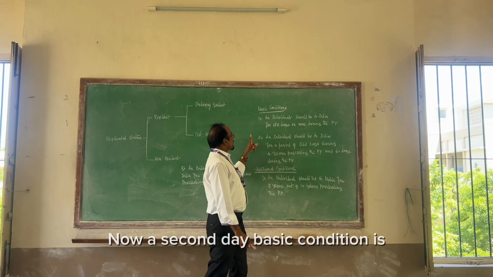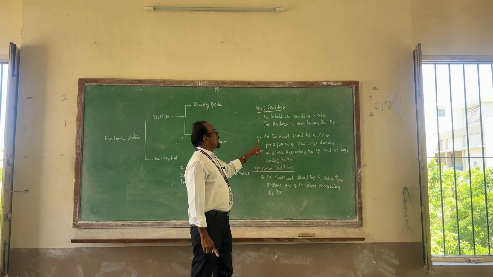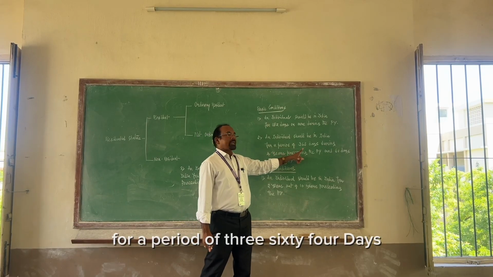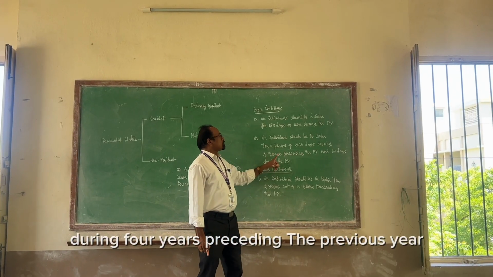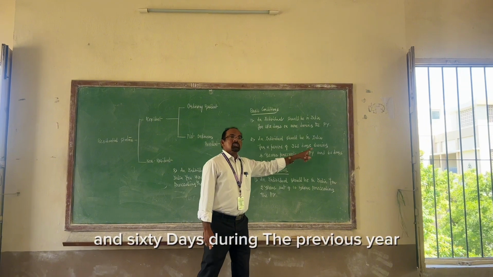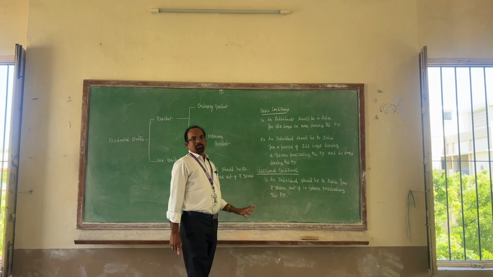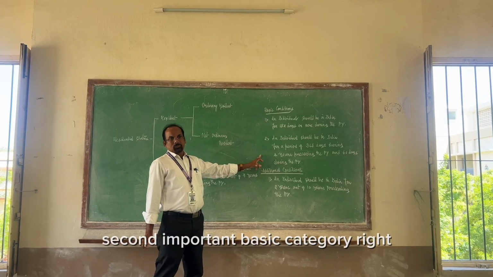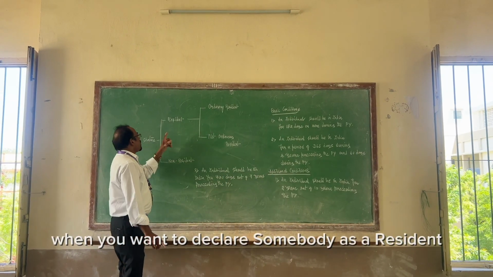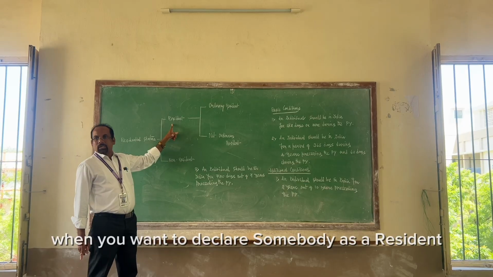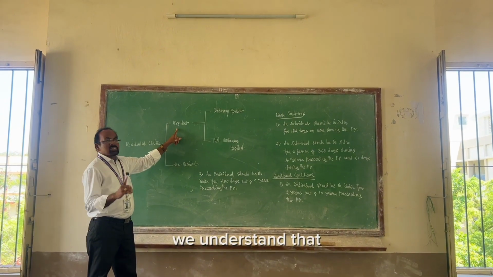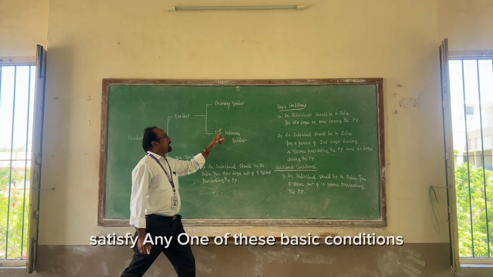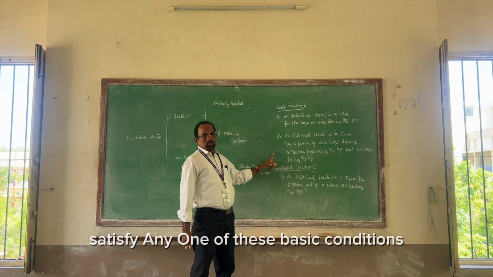Now, the second basic condition is an individual should be in India for a period of 365 days during 4 years preceding the previous year and 60 days during the previous year. It is the second important basic condition. When you want to declare somebody as a resident, we understand that the individual should satisfy any one of these basic conditions.